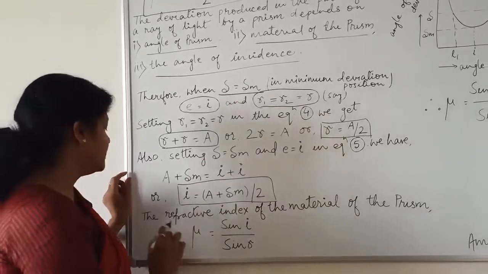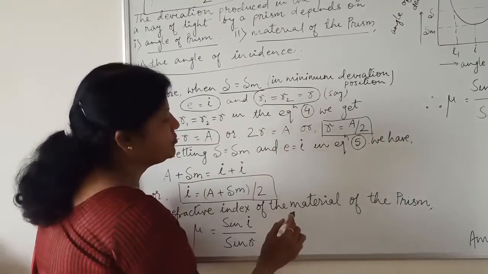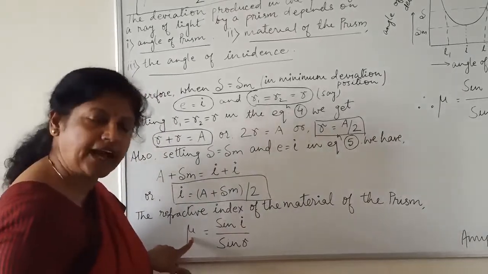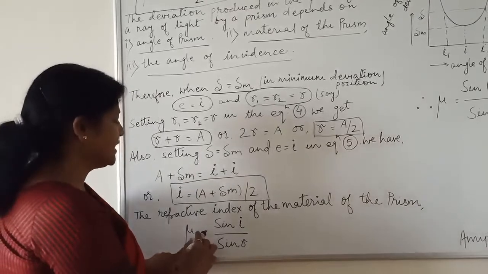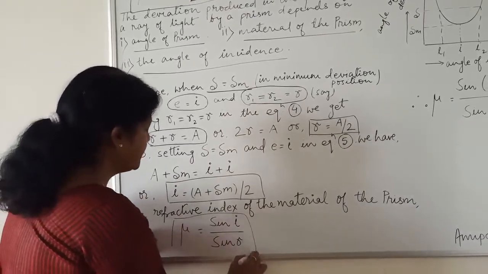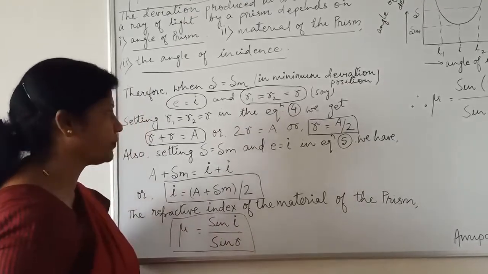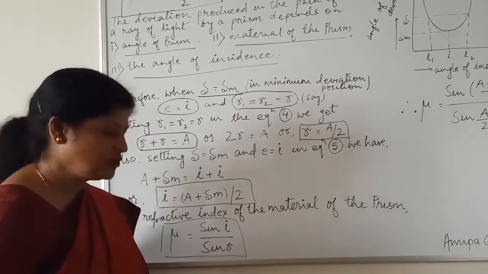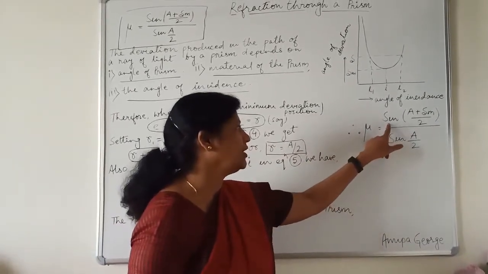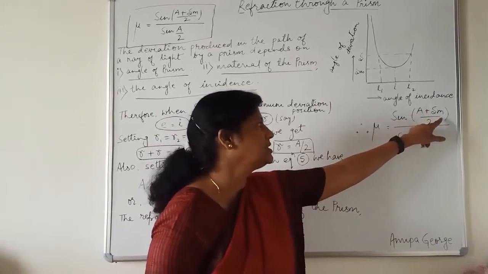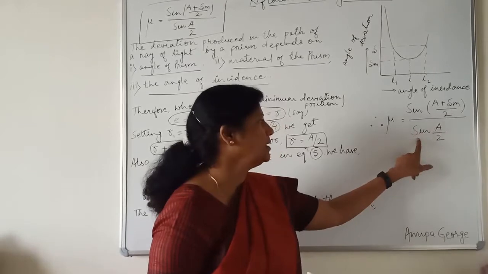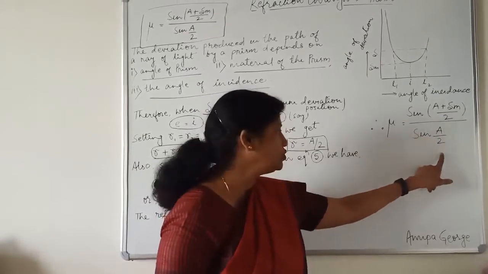We know that the refractive index of the material of the prism, mu, is equal to sin I upon sin R from Snell's law. Substituting the values, we get mu is equal to sine of A plus del m upon 2 divided by sine A upon 2.